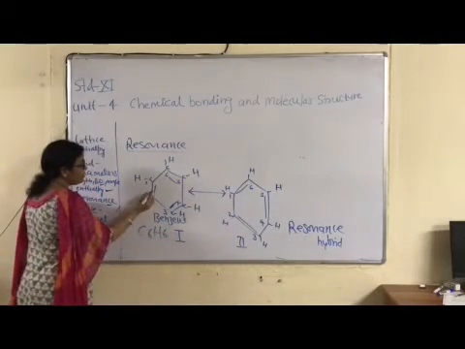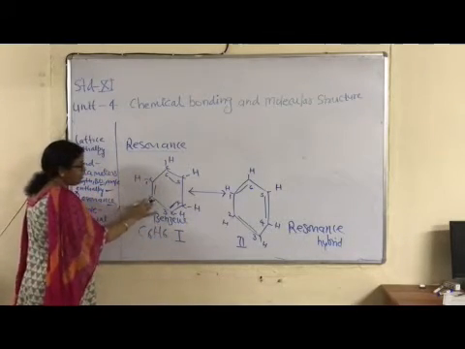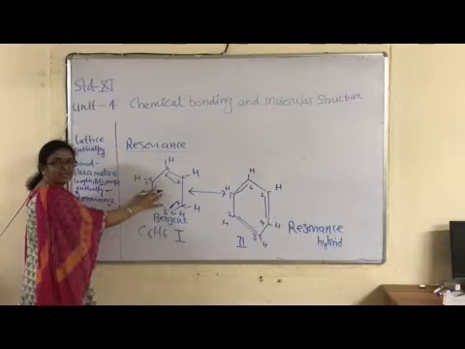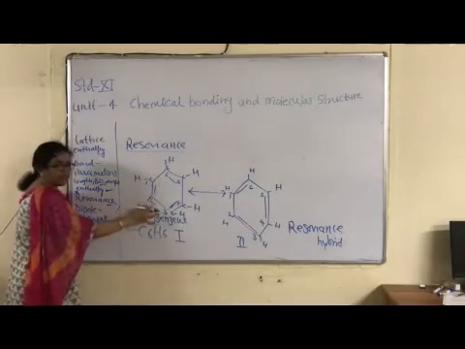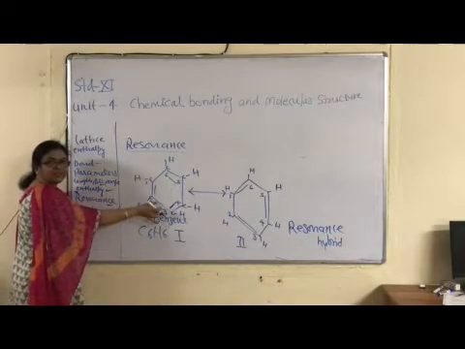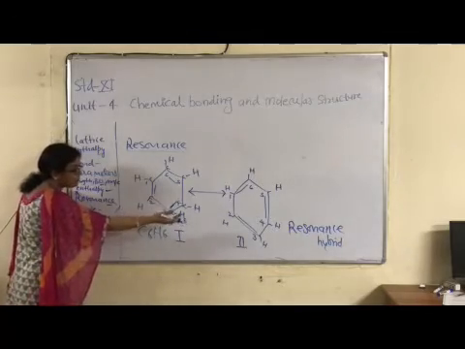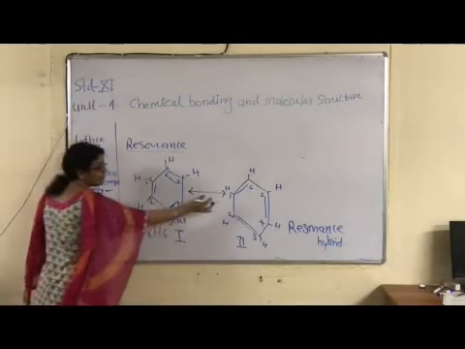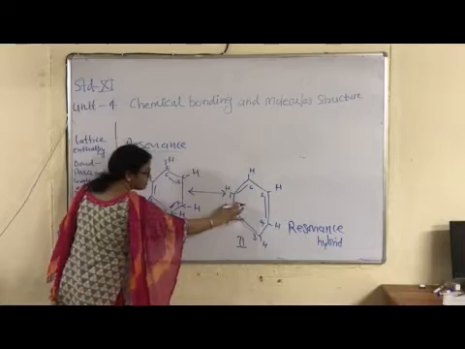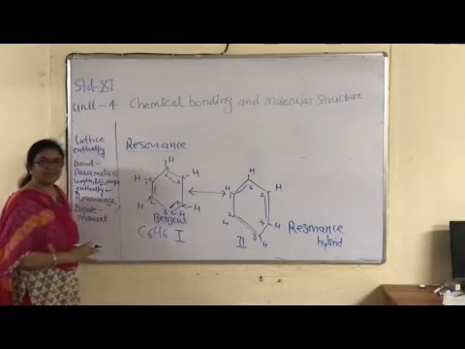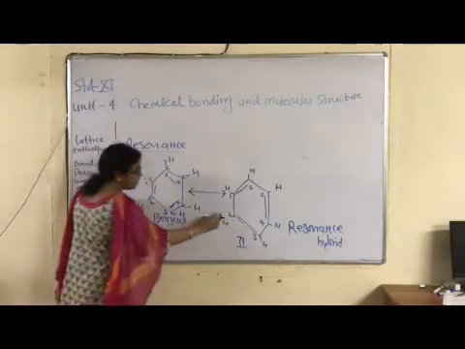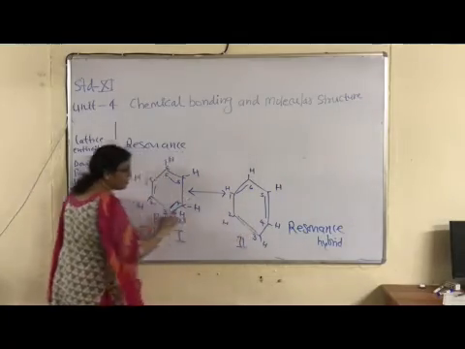In structure 1, between carbon 1 and carbon 2, double bond character is present. Between 2 and 3, single bond character is present. But in structure 2, just the opposite nature. Between carbon 1 and carbon 2, single bond character is present. Right? Only one bond is present. And between 2 and 3, double bond character.